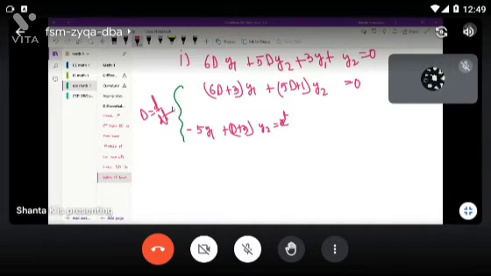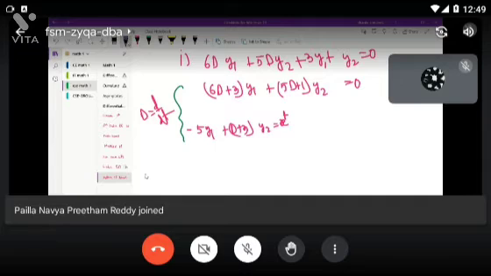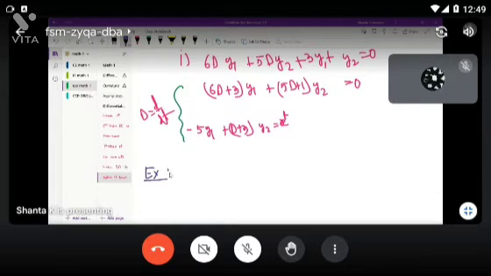Let's see how we will eliminate this. Let me do one example, like we do in the normal system of equations. One of the methods is we keep on eliminating the variables. If you have two variables, we try to eliminate one variable and then solve. So let's look at this one.